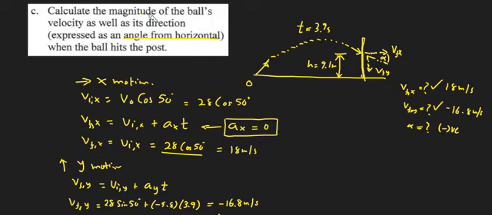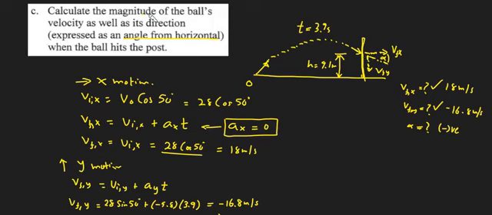Then you substitute the values. You get 18 squared plus minus 16.8 squared, and the answer is 24 meters per second. So that is the magnitude of the velocity when the football hits the post.